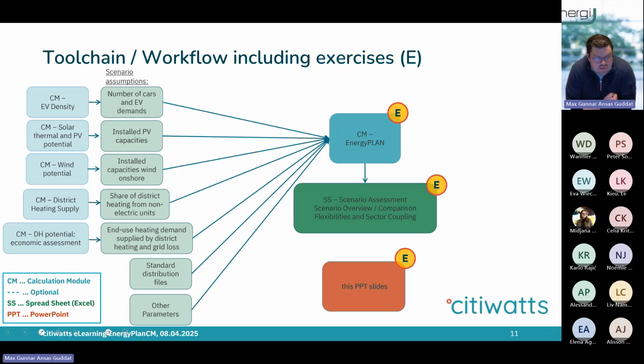And we have, for the different scenarios, for the different modules, tried to come up with some of these tool chains. So how to link some data and some calculation modules together in a meaningful sense.